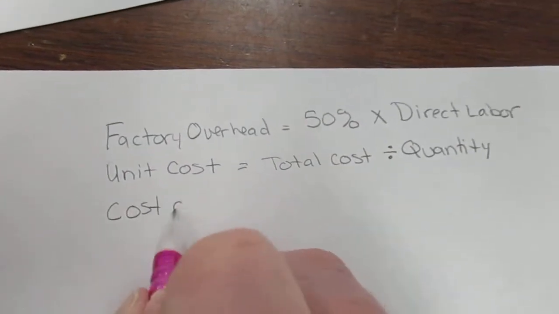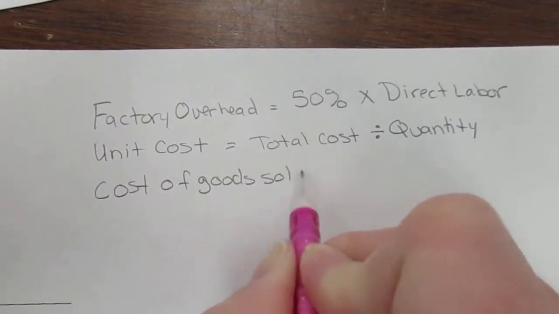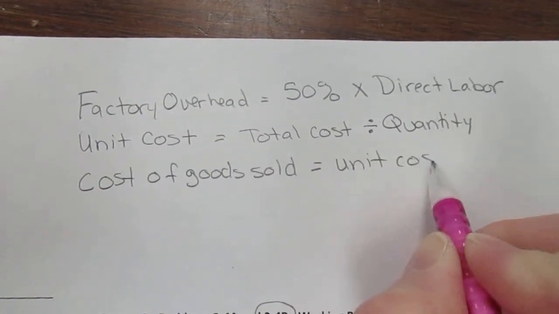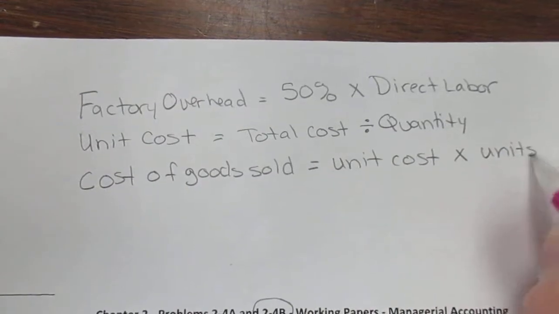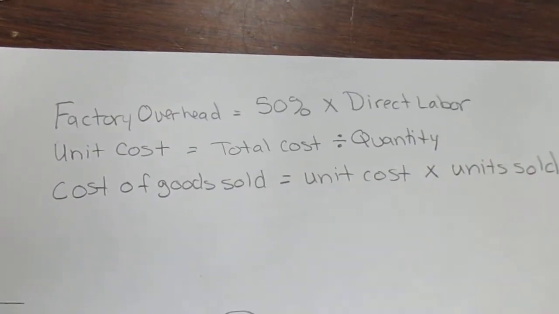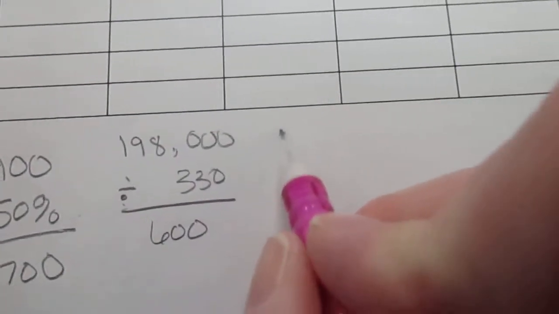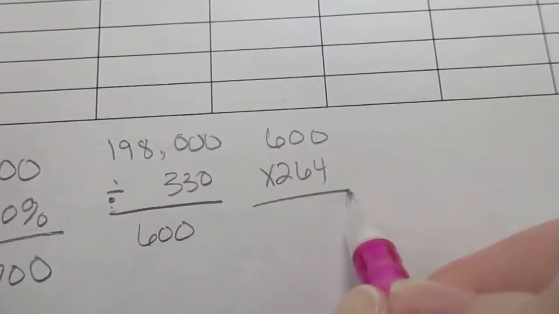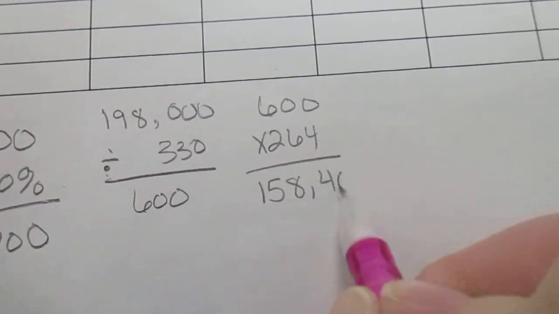Again, let me jot this up here. Cost of goods sold equals your unit cost times your units sold. So in the example of 101, we're going to take 600 times the 264, and we're going to get our cost of goods sold to be 158,400.